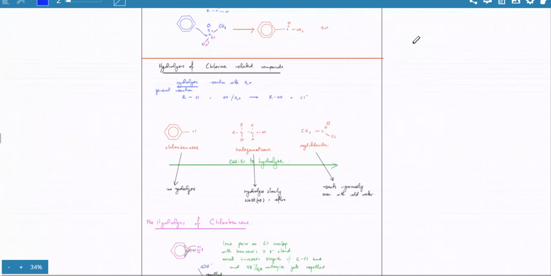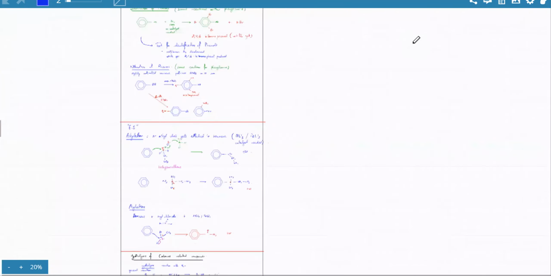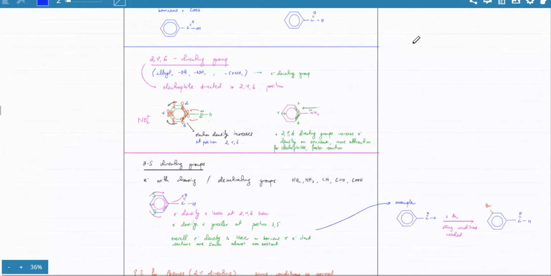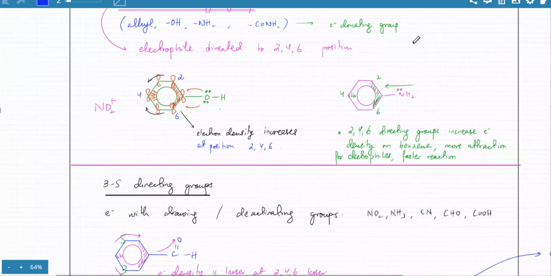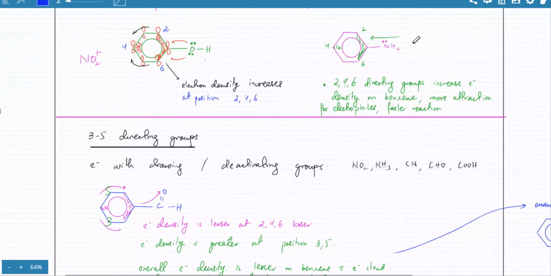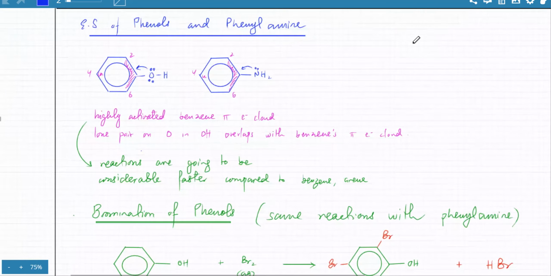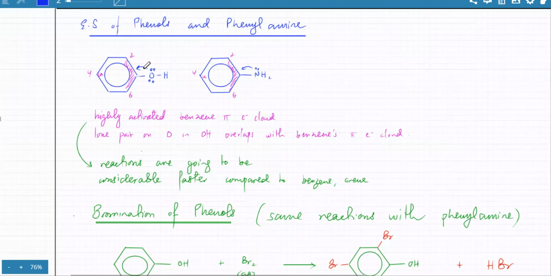Remember under 2, 4, 6 directing groups, this is hydrolysis. So 2, 4, 6 directing groups, we studied that you had phenols and you had phenylamines, and the benzene electron cloud was highly activated, which meant that the lone pair would be overlapping with the pi electron cloud, and the electron density would be very high at the 2, 4, 6 positions.